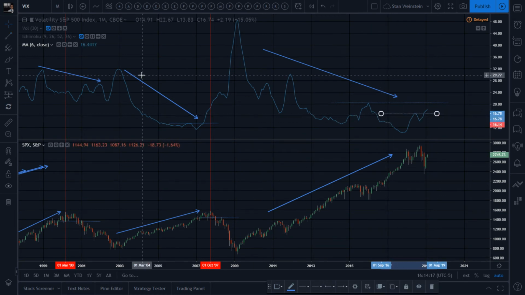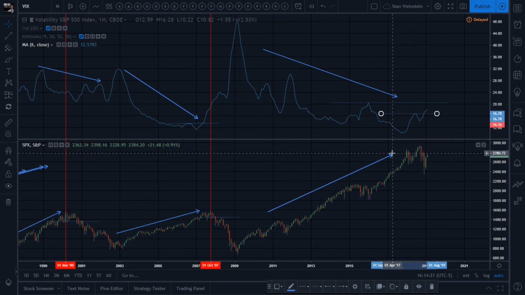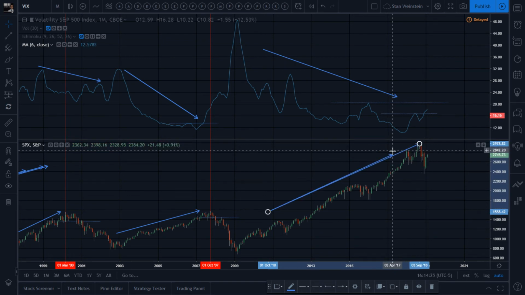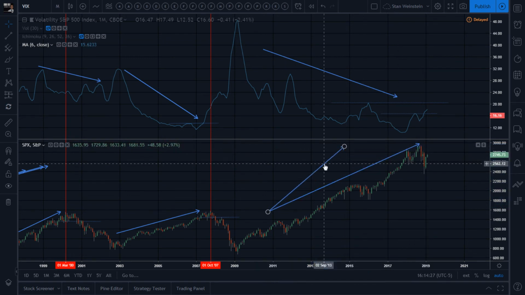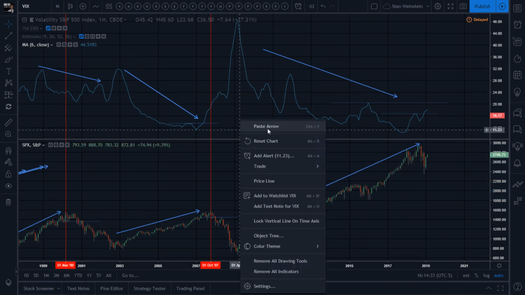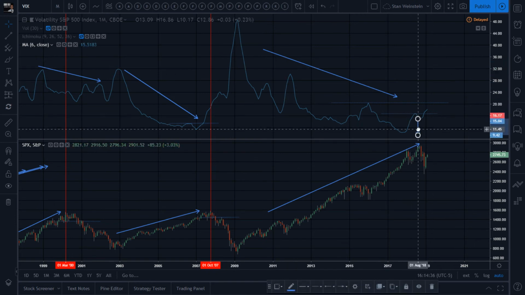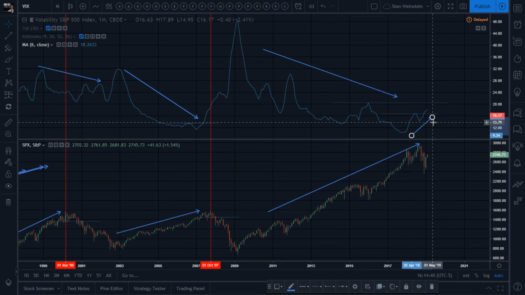Then remember, this is a 6-month moving average to remove a lot of the noise. So even as the SPX keeps going up, even all the way here. Oh, where are you? Why are you hiding there? We're having the VIX that's starting to go up right here. So that's a warning sign.